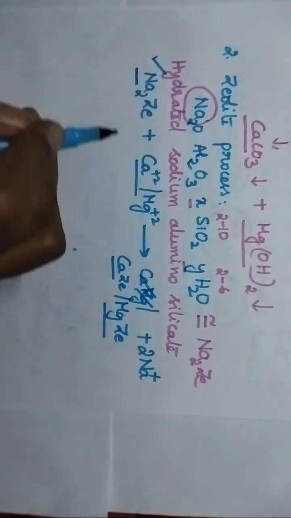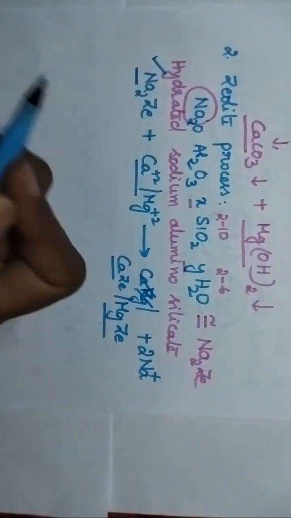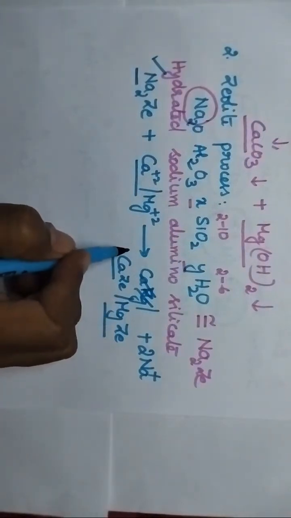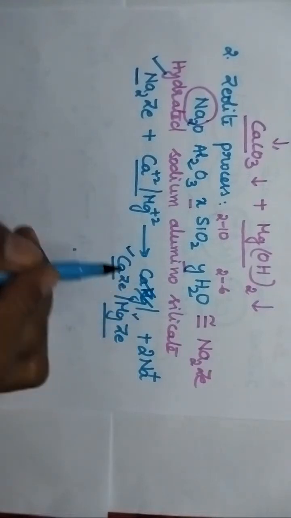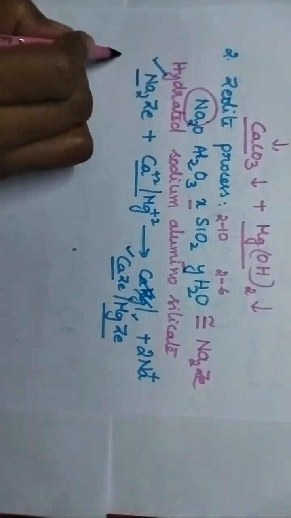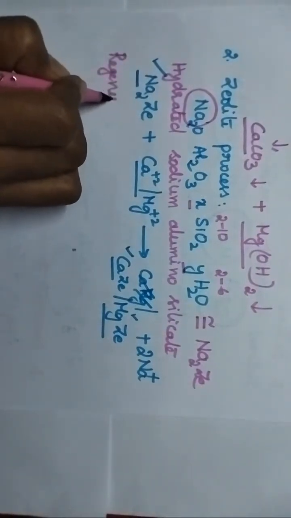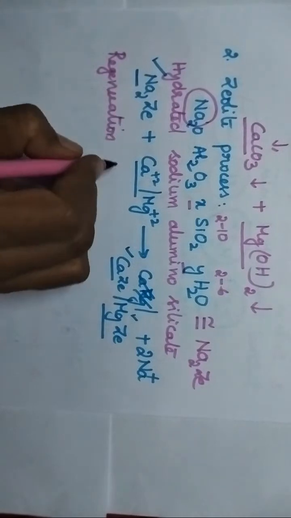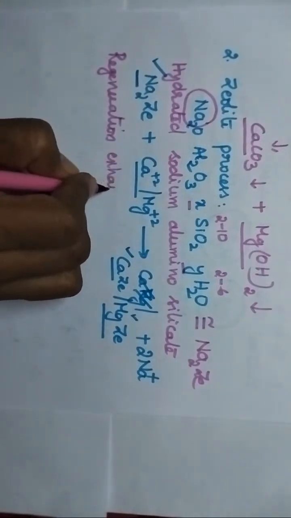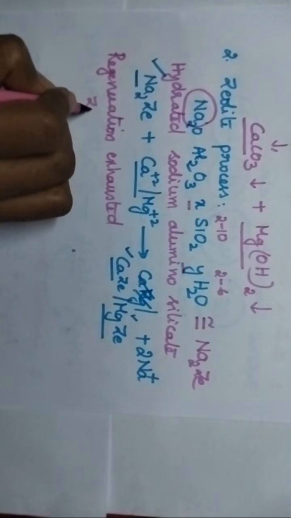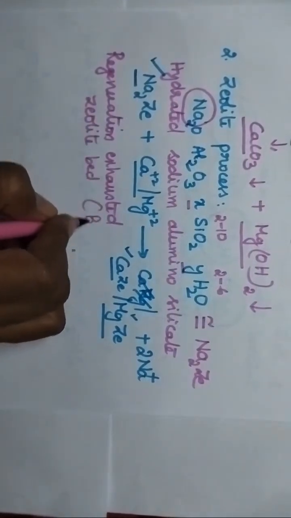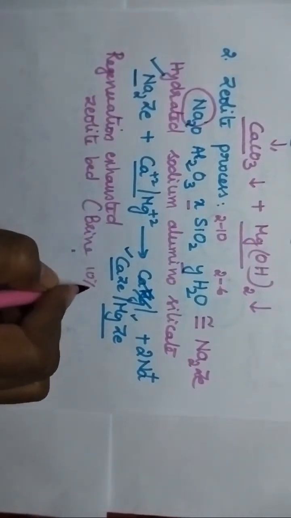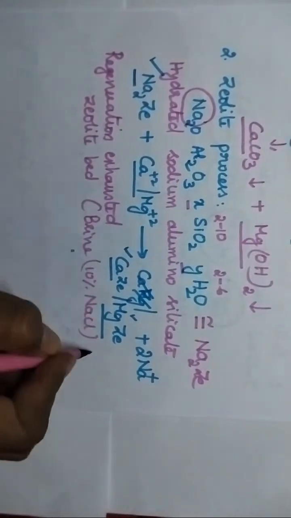After some time, this zeolite bed will be exhausted. That means no sodium ions will be present. It only contains calcium zeolite or magnesium zeolite. At this moment, it should be regenerated. Regeneration of the exhausted zeolite bed can be done by using brine solution, that is 10% NaCl solution.